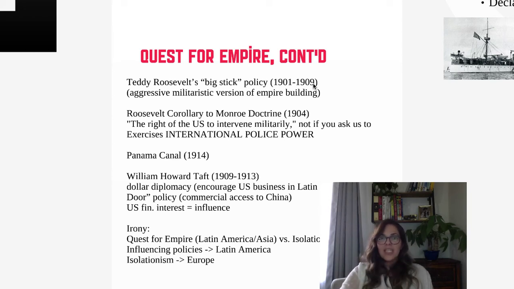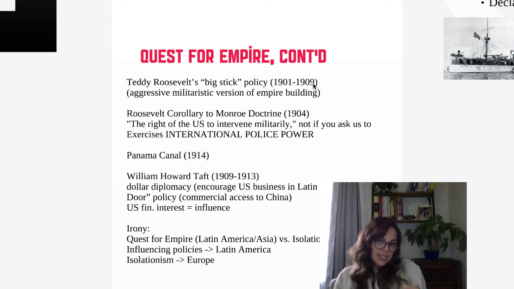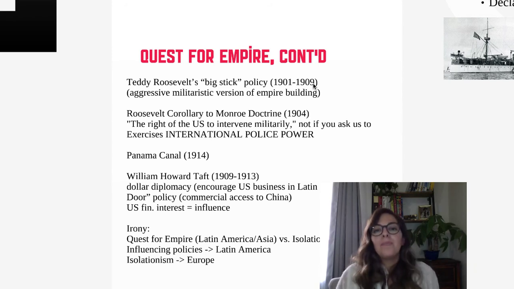Okay, so with Teddy Roosevelt, remember, we're isolationists, right? That is our foreign policy. But he's going to take a very militaristic version of the empire, which is what the big stick is all about. Now, because we're isolationists, we're not going to be involved with European countries, right?